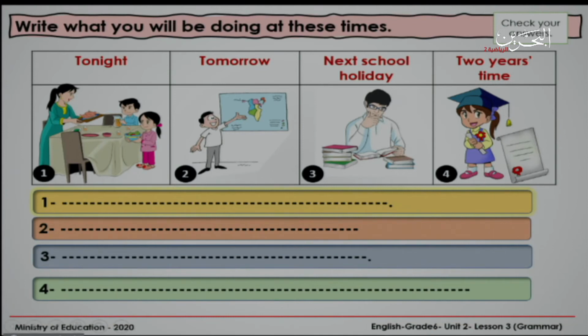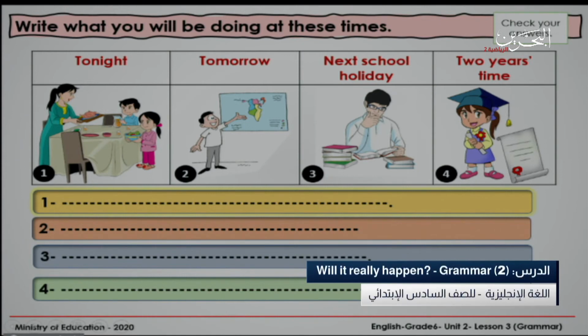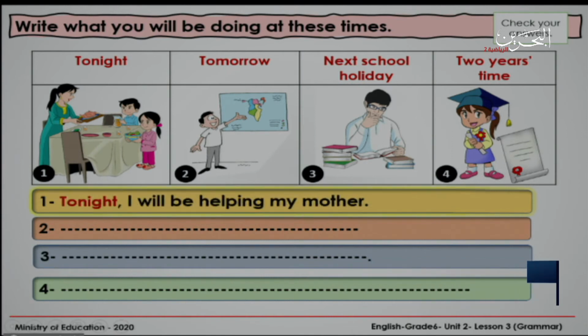Here we have got some pictures, and what we need to do is to write about what we will be doing at these times. You have got 5 minutes for this exercise. Now, check some of the possible answers. 1.